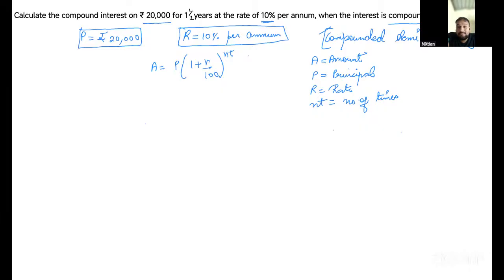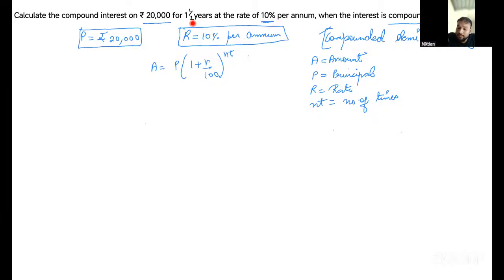Semi-annually means after 6 months the interest will apply, and it is for 1.5 years. So 6 months complete, interest applied. I want to ask Jashron, how many times will the interest be applied?